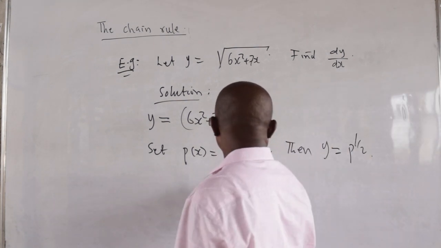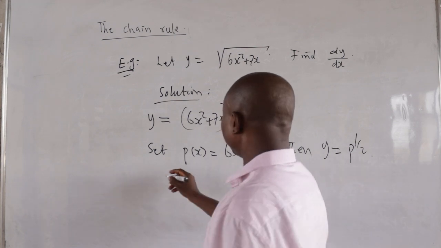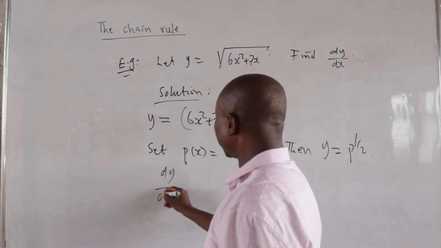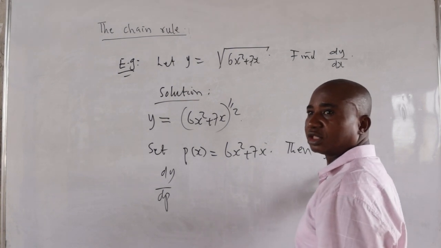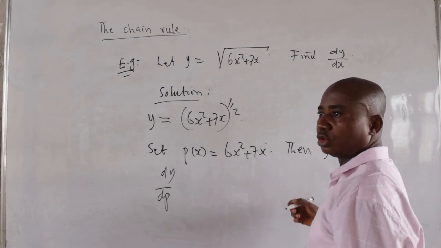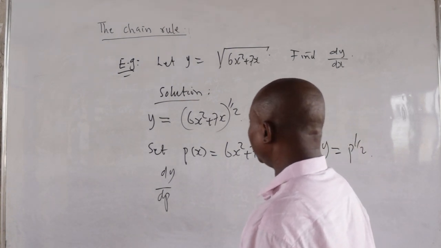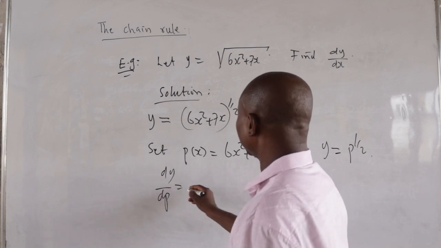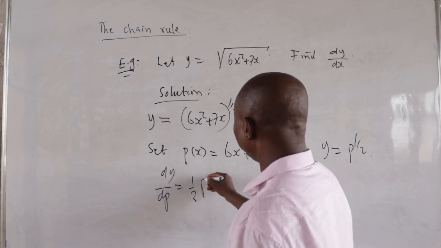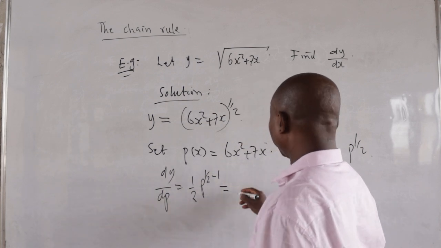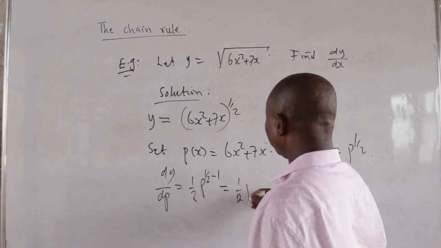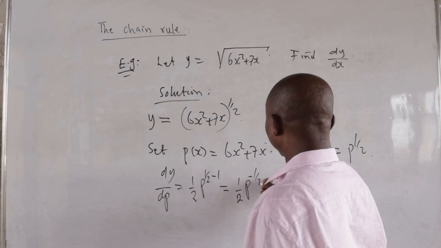To apply the chain rule, we need to get the derivative of y with respect to p. I changed to p just to ensure that it sticks in your mind that you must not always use u. So dy by dp is nothing but 1 over 2 p raised to the power 1 over 2 minus 1, which gives me 1 over 2 p raised to the power minus 1 over 2.